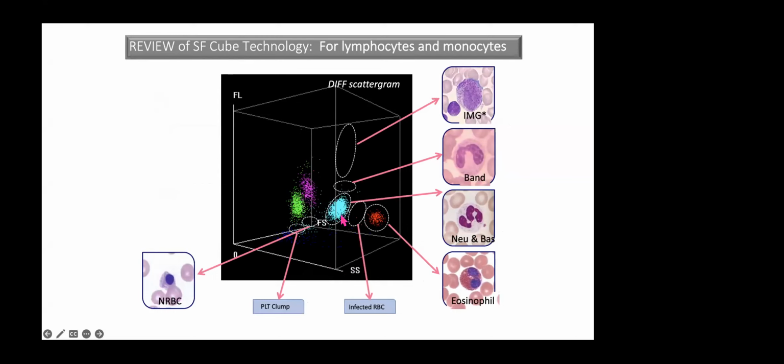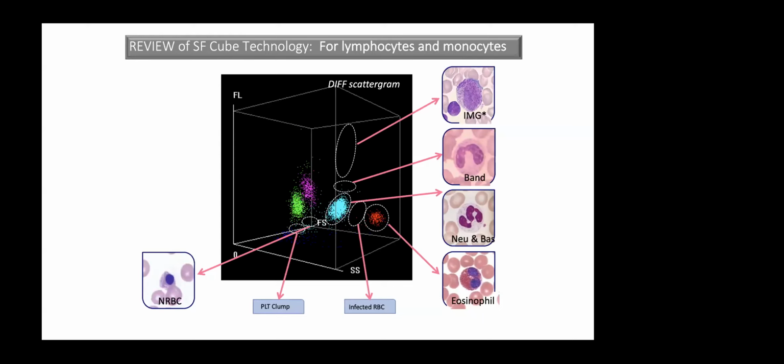And as you can see here, these are the normal positions of the white blood cells using the SF cube histogram, or 3-dimensional histogram. So the green here represents the lymphocytes, the pink would be your monocytes, the sky blue would be the granulocytes, and the red would be the eosinophils.